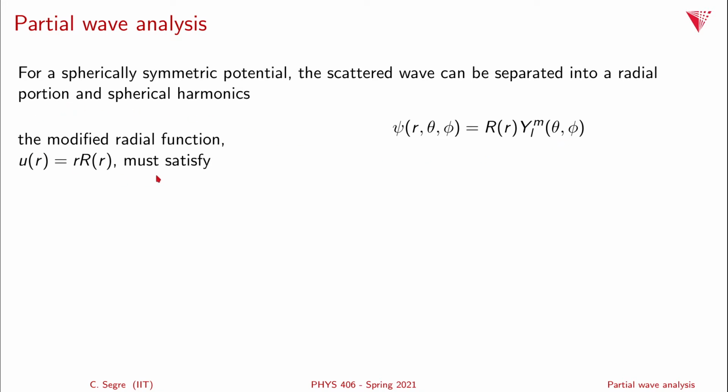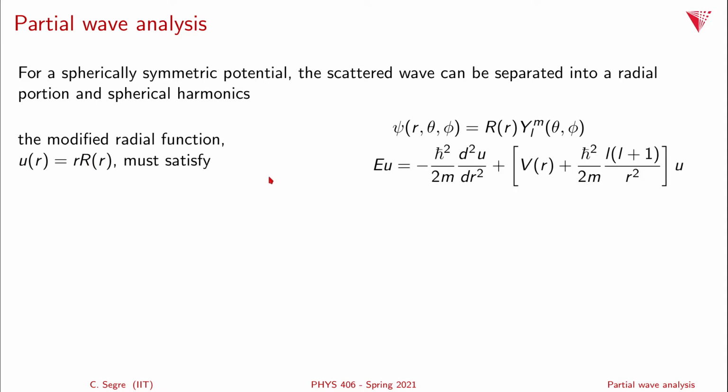The modified radial function, u(r), which is equal to r times R(r), has to satisfy the usual differential equation, the Schrödinger equation, which is E u equals minus h bar squared over 2m, d squared u by dr squared, plus V(r), which is our central potential, plus h bar squared over 2m times l(l+1) over r squared, all times u.